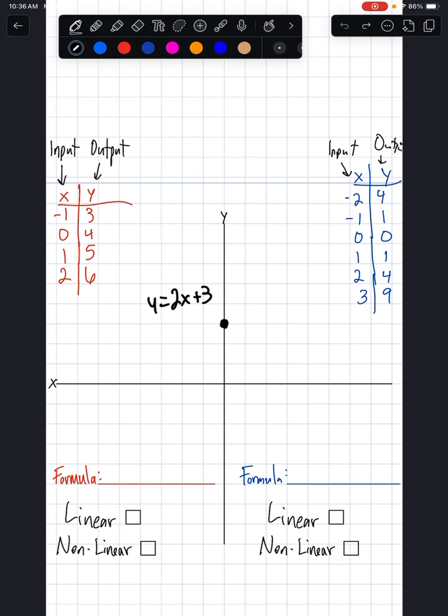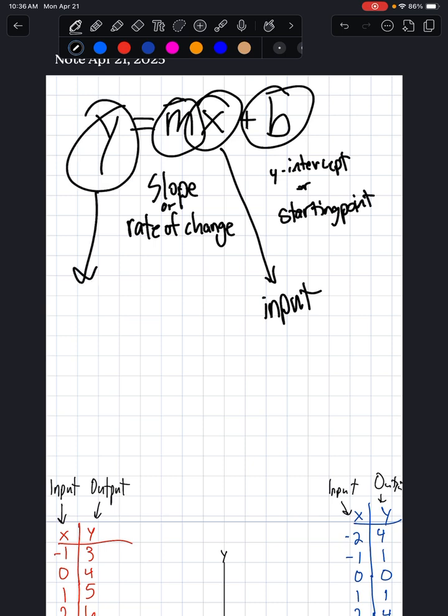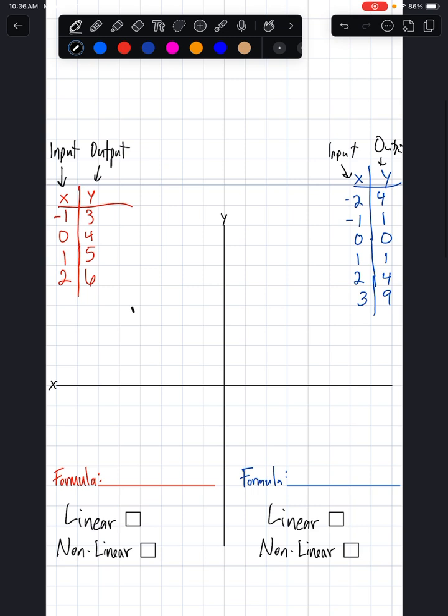Okay. Next, we've got X and Y. So X, that is our input, and Y, you may remember, is our output. So back to this equation, y equals 2x plus 3. If we input the number 0, so if our x is 0, I'll draw a little table. So if we input 0 into here, 2 times 0 is 0.